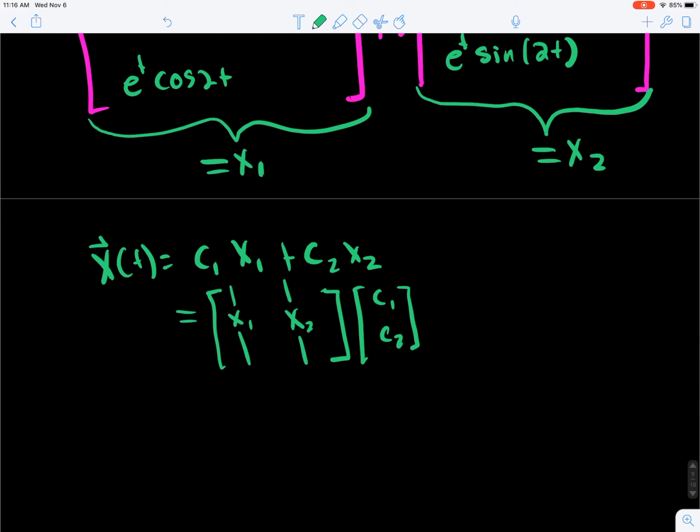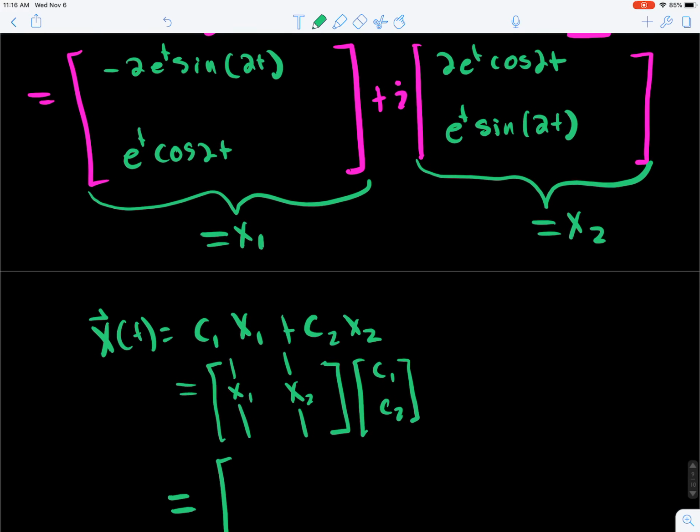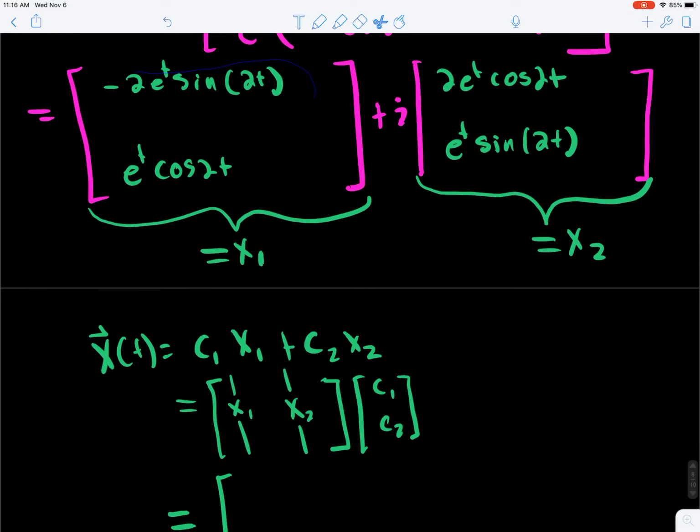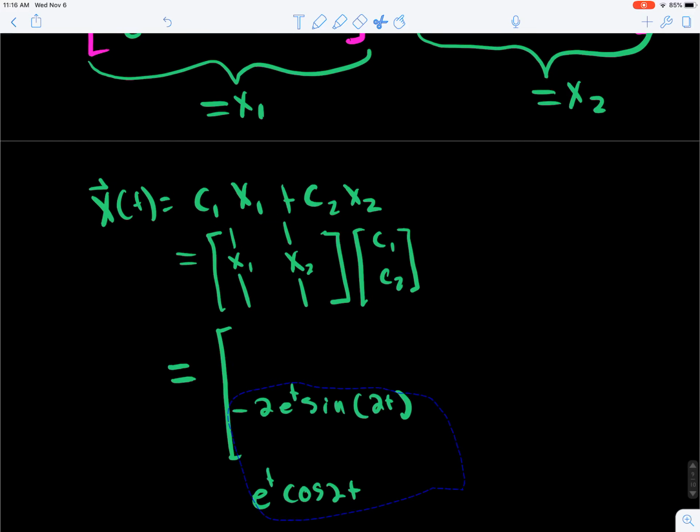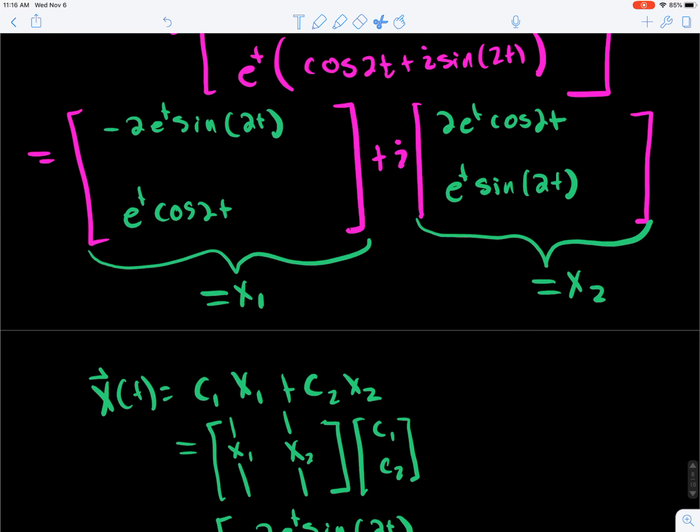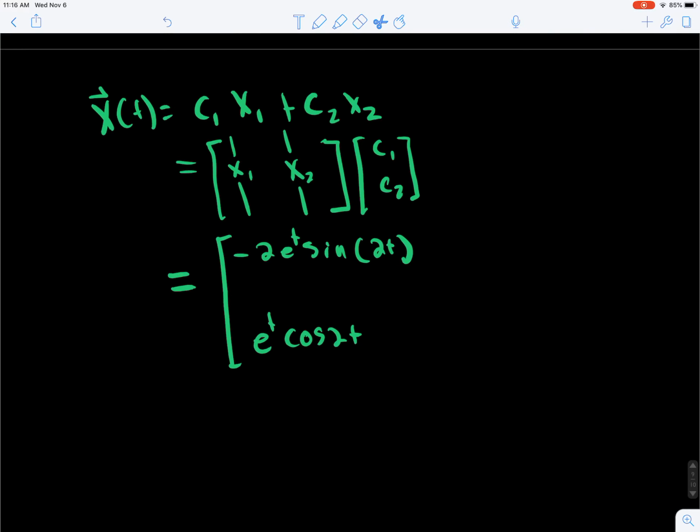So then our final matrix here: I take the entries of x1, copy, and paste them here. Then I take the entries of my second vector, copy, and paste them here. I created this 2 by 2 matrix, and on the right here, I'm going to have the vector c.